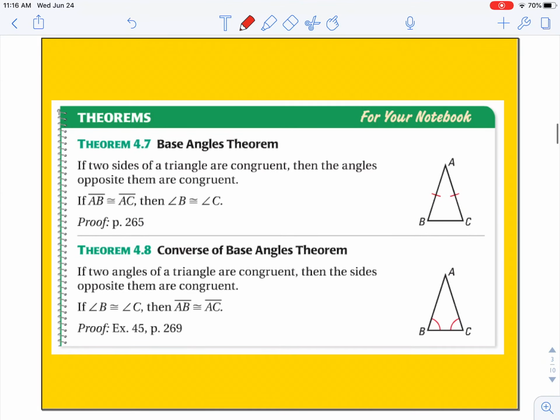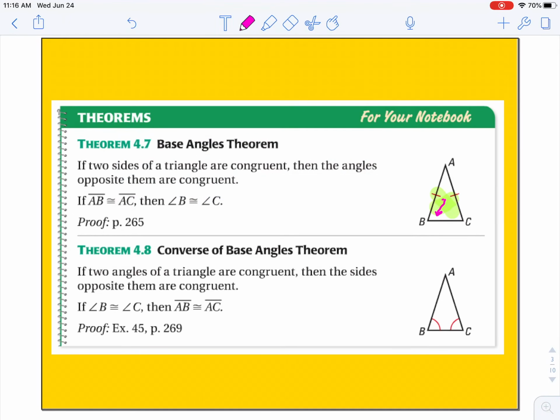So here are some theorems that go with isosceles triangles. If two sides of a triangle are congruent, which means it's isosceles, then the angles opposite them are congruent. I'm going to use a different color here. The angles opposite are congruent.